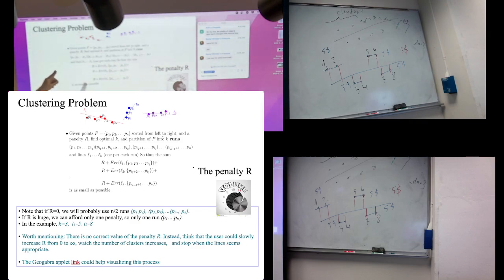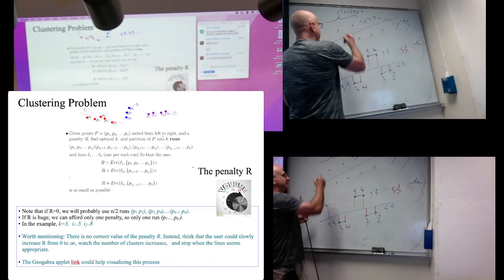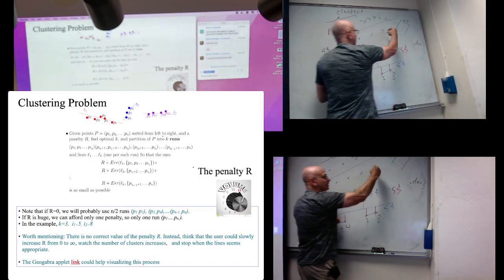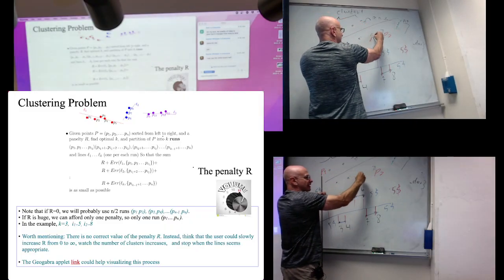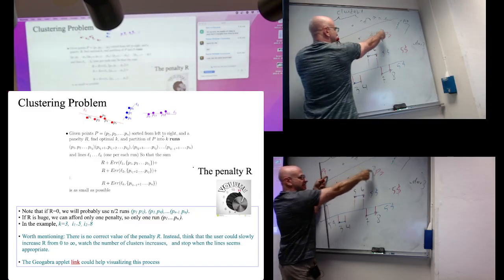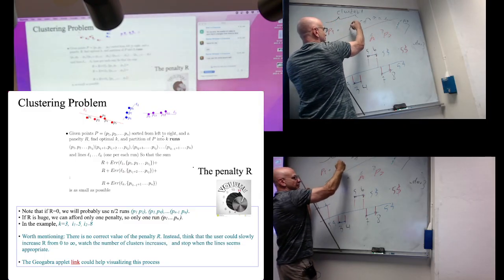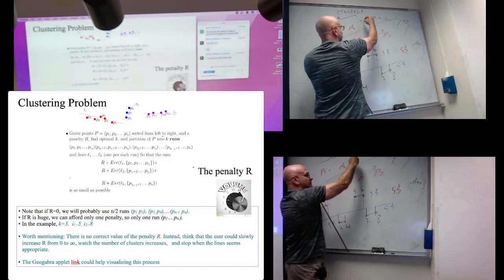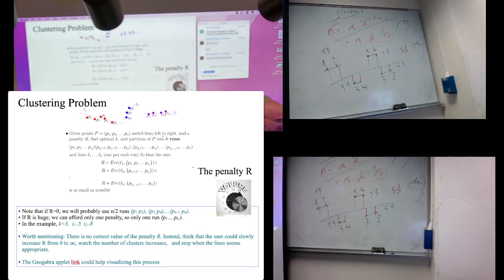When I think about a cluster, I'll always think about a contiguous set of points. My cluster will never contain P1 and P7 but not P6. If you're saying that P1 and P7 are in the same cluster, then P2, P3, P4, P5 and P6 must be in the same cluster.